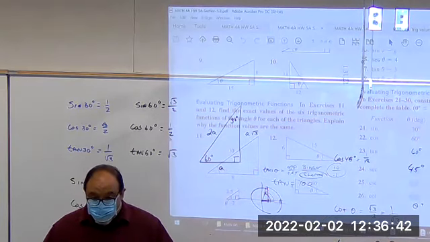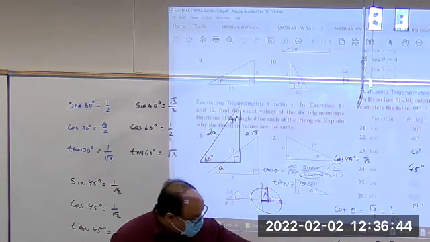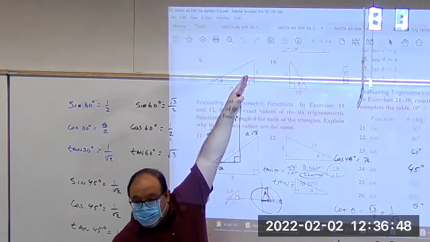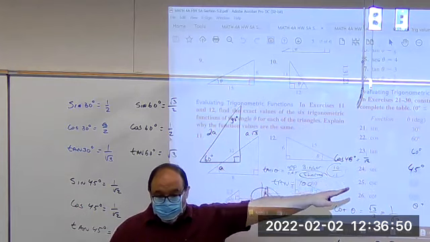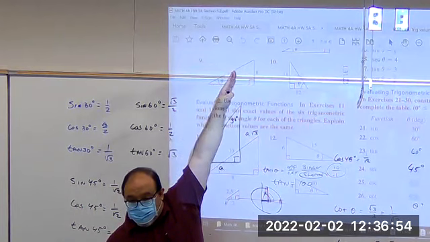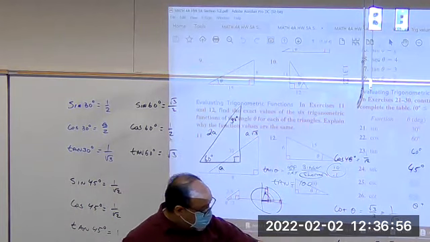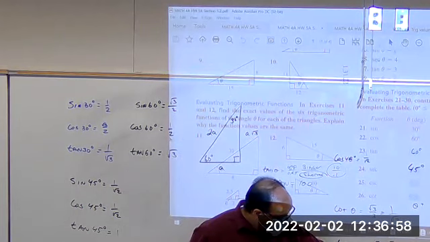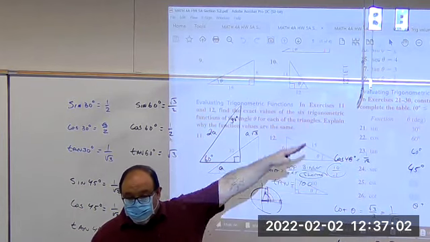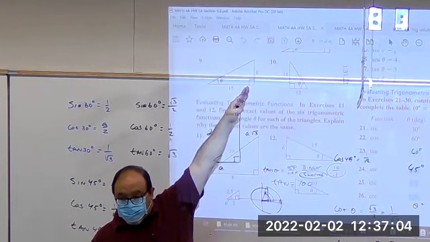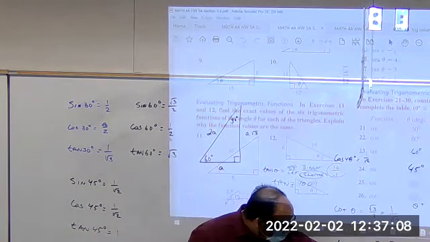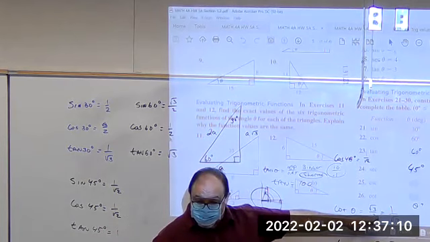So is it 30 or is it 60 if this tangent is square root 3 as you're going up? Tangent of 30 versus tangent of 60. Would tangent equal square root 3 if it's 30 degrees, or if it's a tangent of a 60 degree? 60, because square root 3 is bigger than this.